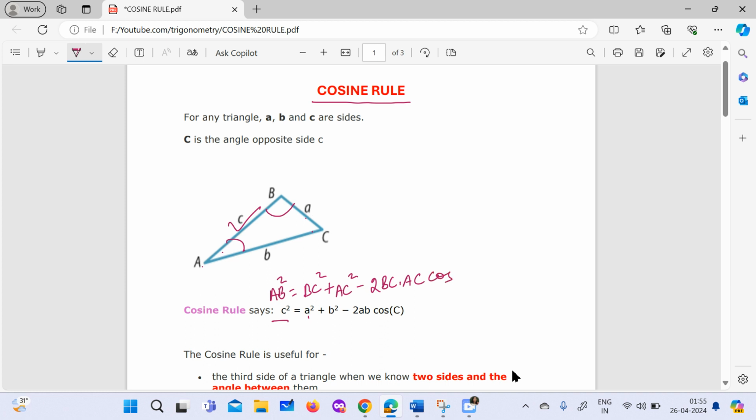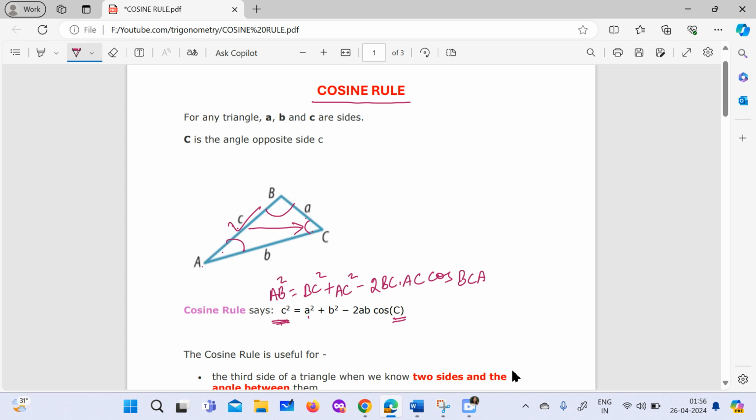Now see, this is written here C. So this angle is always the angle which is opposite to the length given over here. So this is the length C, and opposite to this is this angle. So we write here cos C. So I can write this as cos BCA.